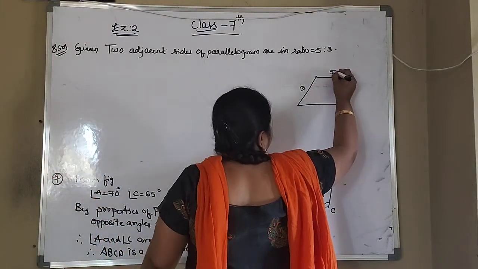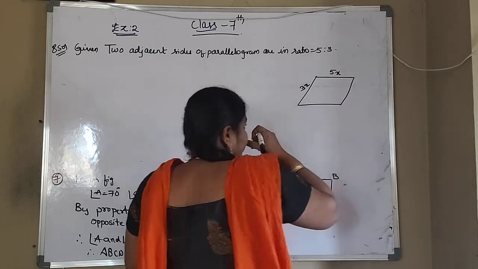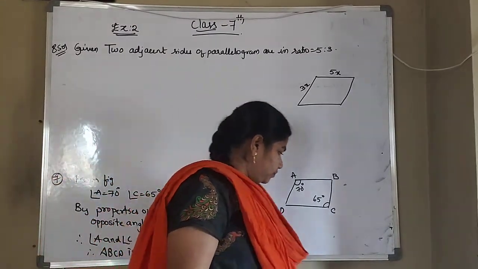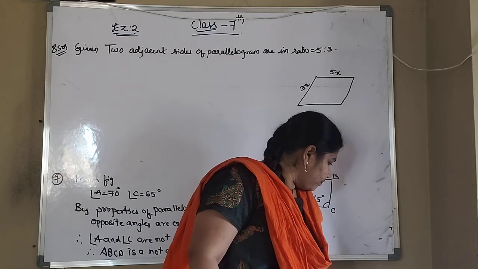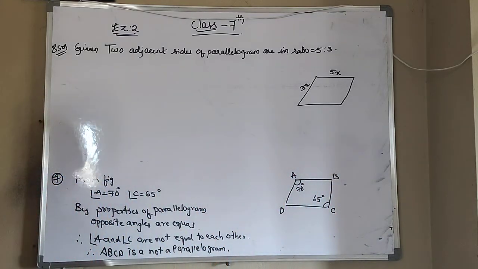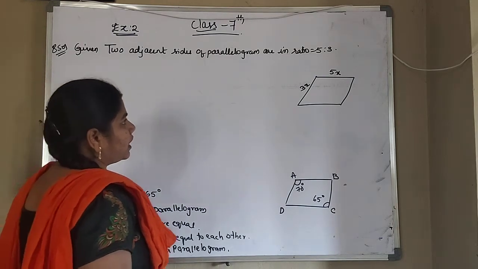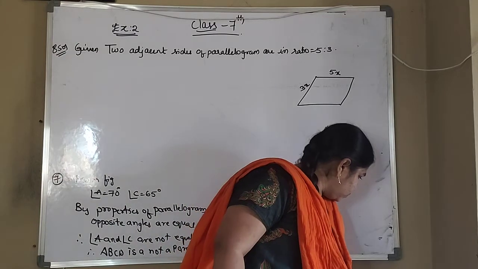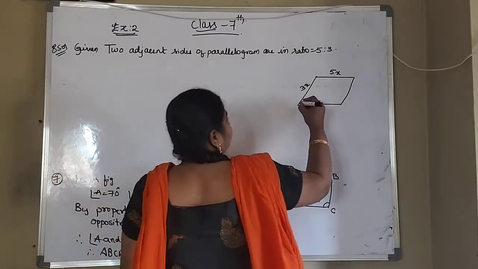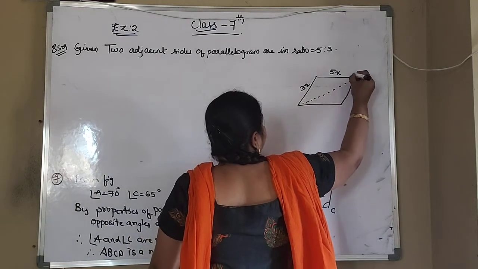So the answer will be in the form of 5 multiples, and also in the form of 3 multiples. Now what we can say here is the sum of two adjacent sides.